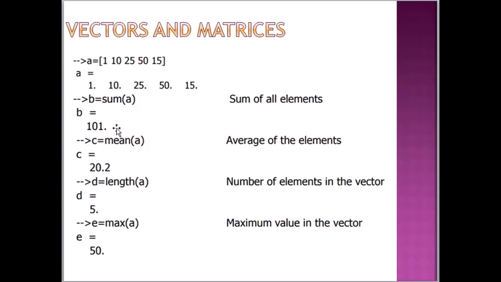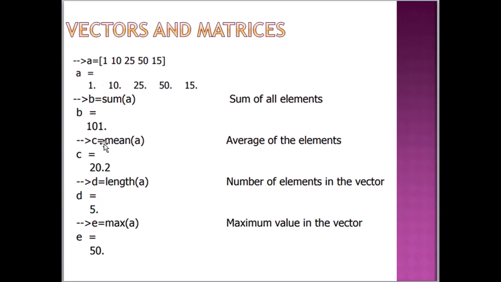And next is vector matrices again. We will look at some problems so we can understand how to write commands inside Scilab. Again we take the matrix A is equal to this, then B is equal to sum of A, meaning the total sum of A. This command will add all the numbers.